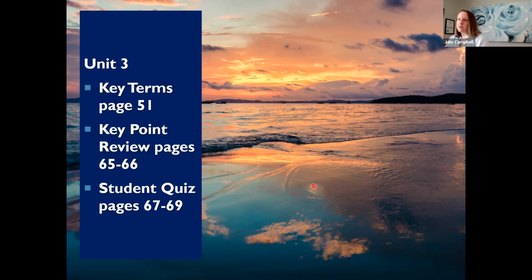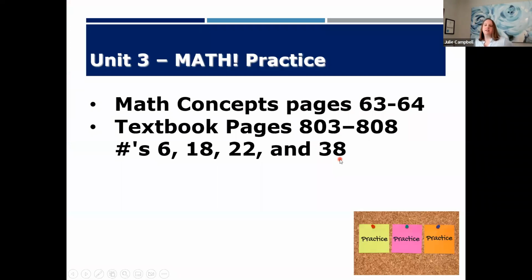And then you have the quiz for Unit 3, which is on page 67. And then the units that have math have the math concepts section. This math is on pages 63 and 64. Kind of walks you through, gives you some more examples.